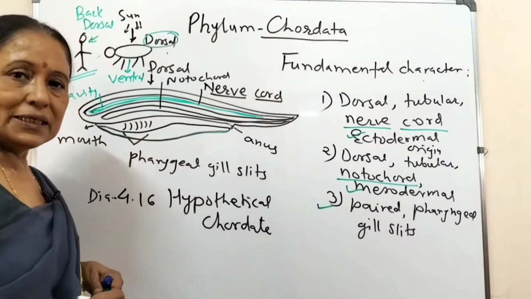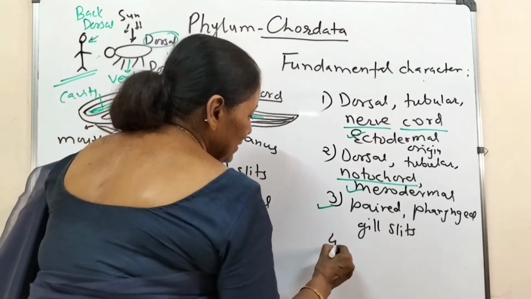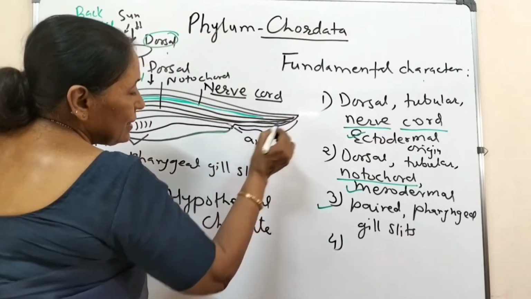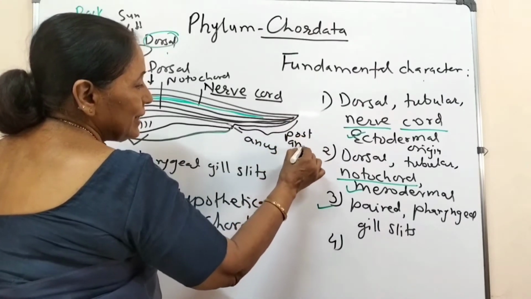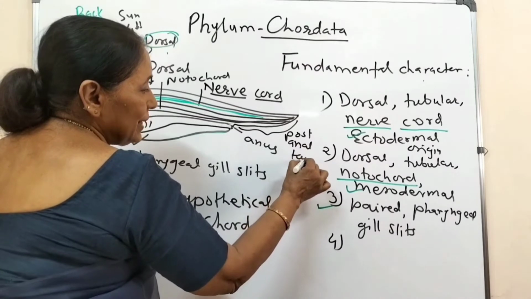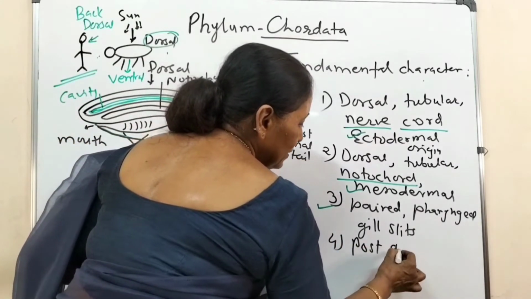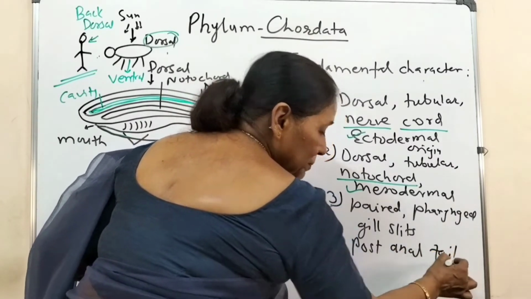There are two more characters we can write here. This part behind the anus is called the post-anal tail. So the post-anal tail is present. You can ask where it is present in the case of human beings.